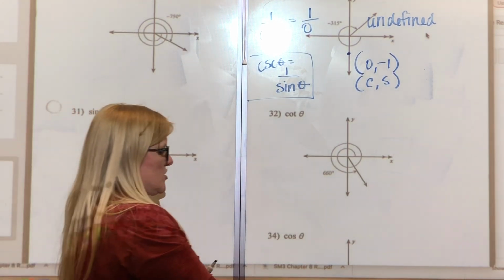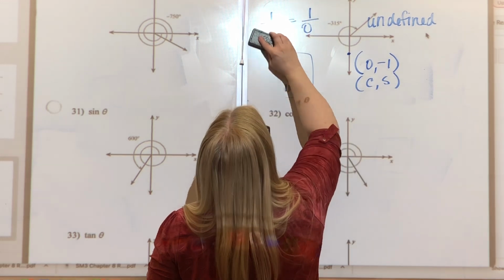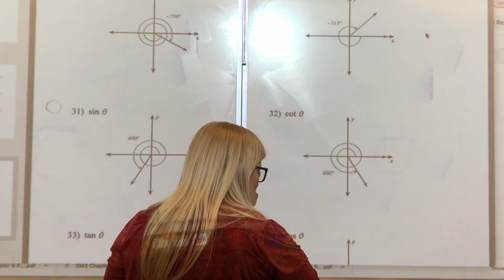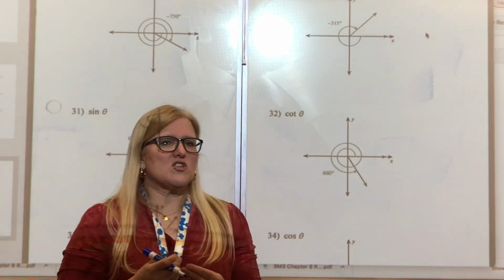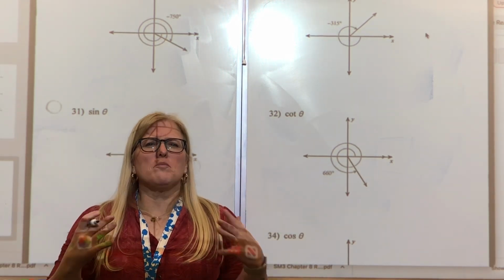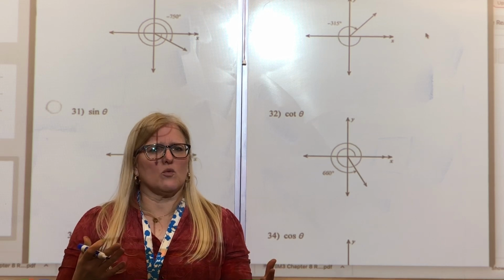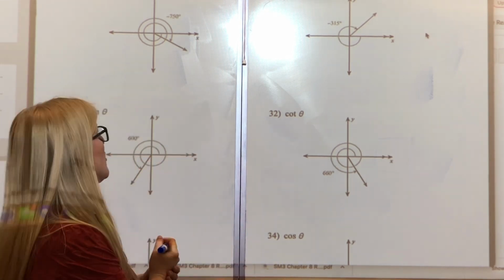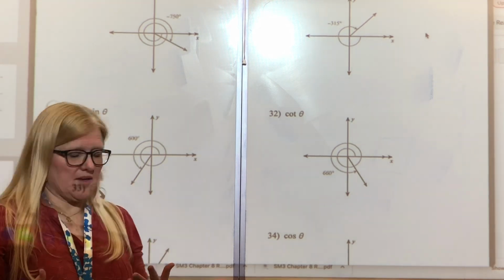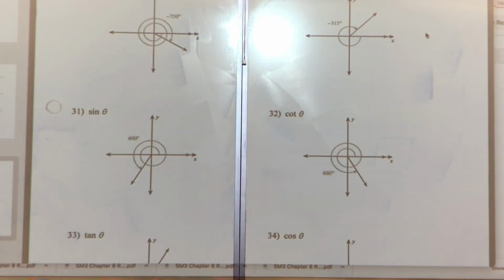Now we're going to get into some with degrees. And what we need to do is find coterminal angles that will help us know better what our reference angle will be. So for example, number 29, I have -750. Well, that is hard to know what my reference angle is.